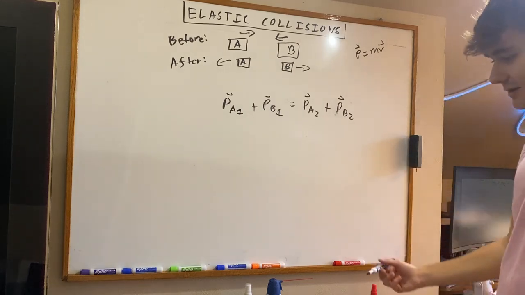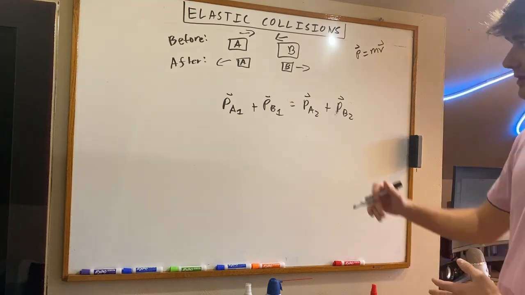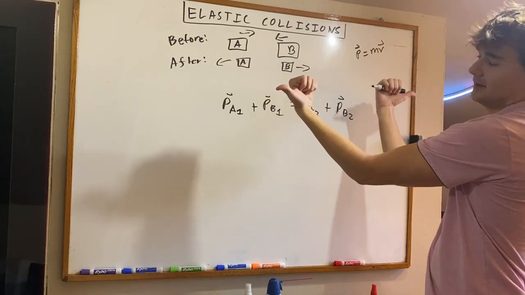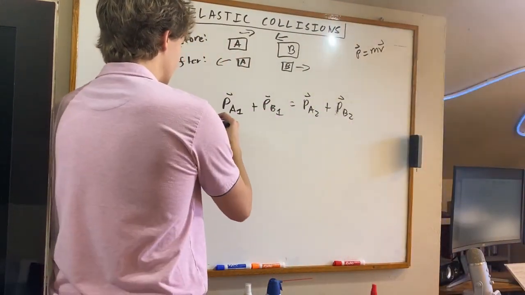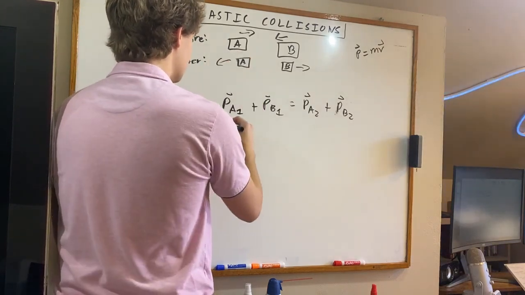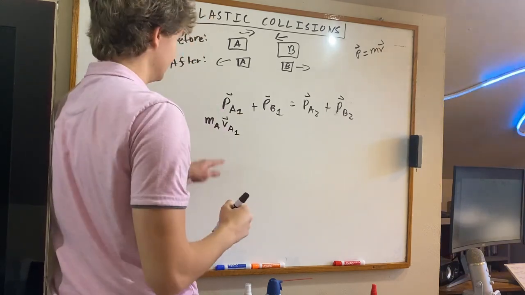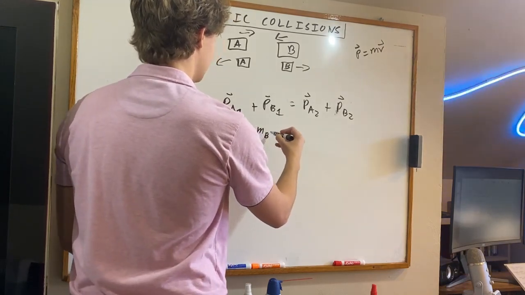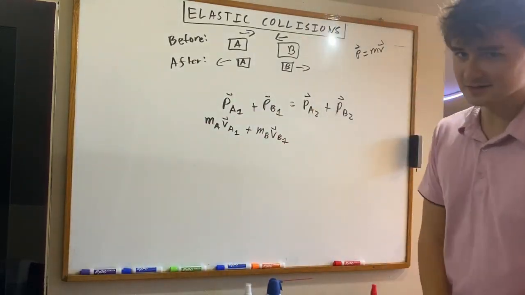So we can expand this out to form a bigger equation that makes a little more sense with this particular scenario where they bounce off. At first, velocities are going like that, and afterward they're going like that. So you can do MA, the mass of A times VA1, and we'll keep that as a vector, plus MB VB1, I'll keep that as a vector as well.